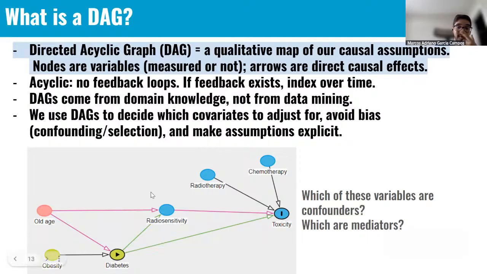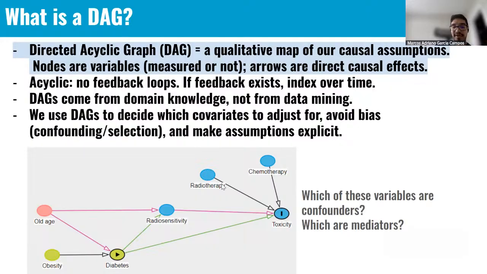So we have all those variables in the data set, and we need to know which variables I need to adjust for in our analysis. For example, we have the variable obesity, but obesity is causing diabetes, and diabetes goes to toxicity. So I don't need to adjust for obesity here because it is not directly causing the outcome.